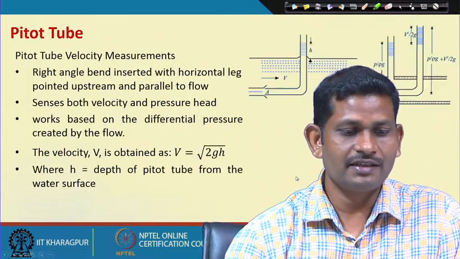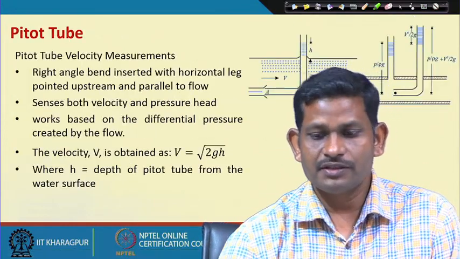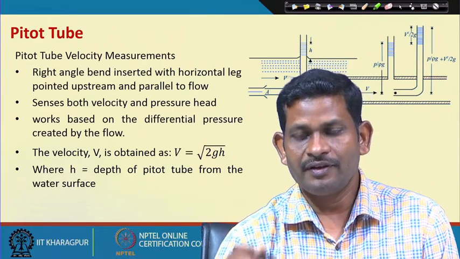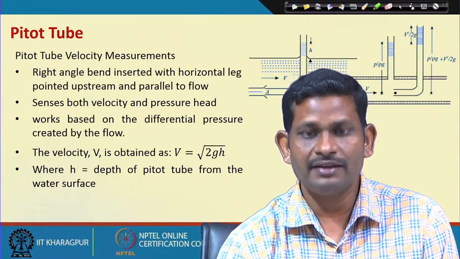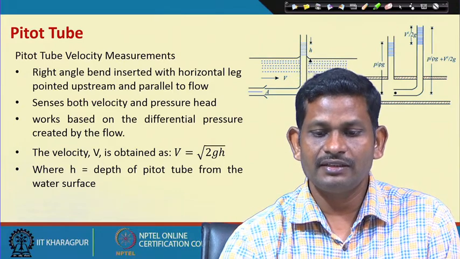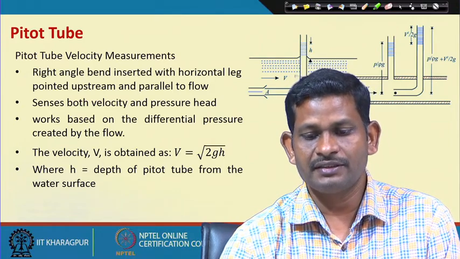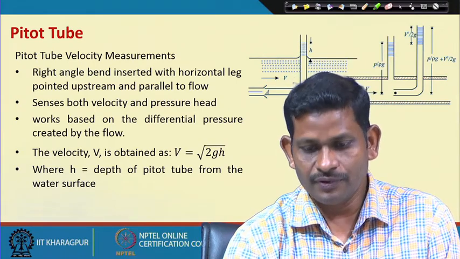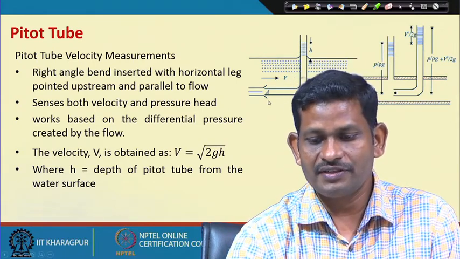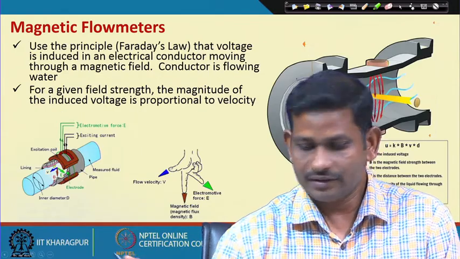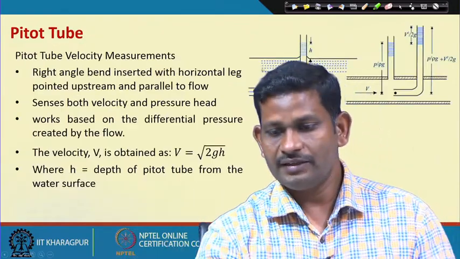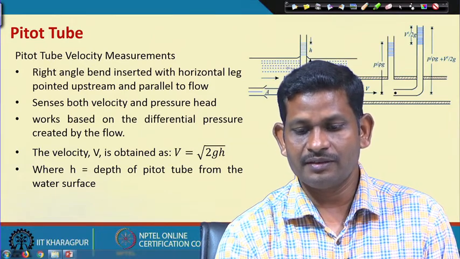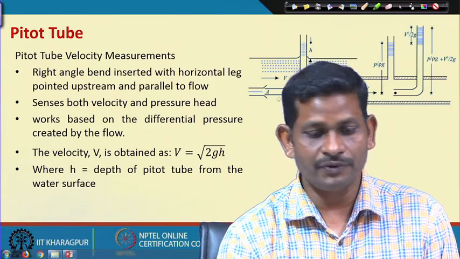So, the next is the pitot tube. The pitot tube is nothing but an angular or 90-degree bend, installed so that the point is perpendicular to the flow, whereas the horizontal part is parallel to the flow.